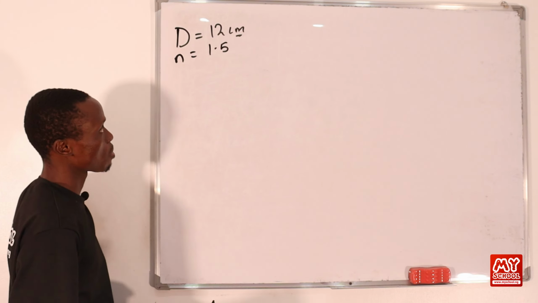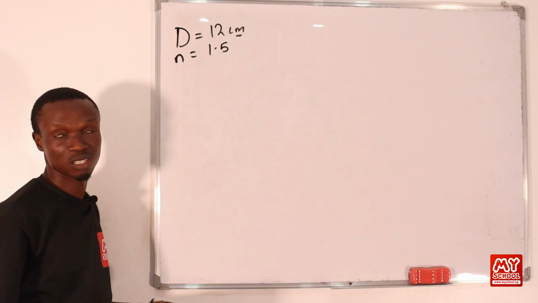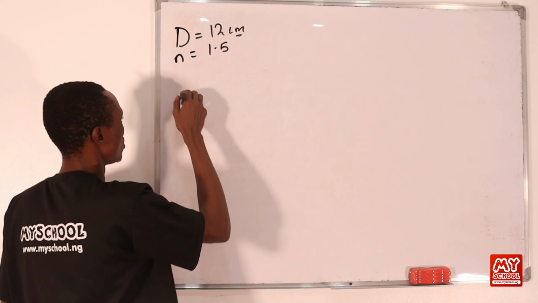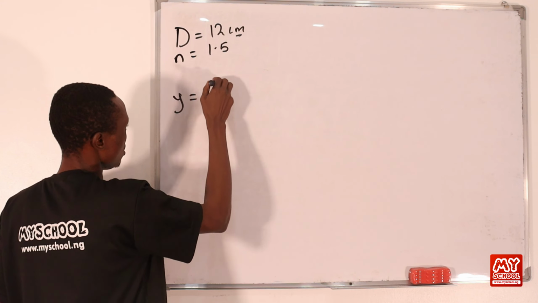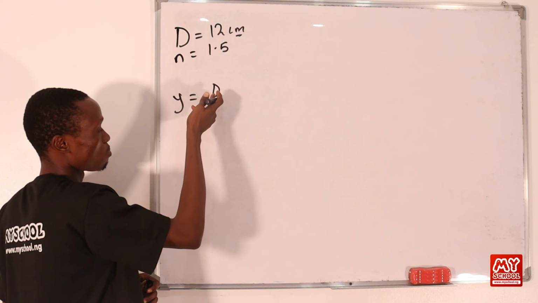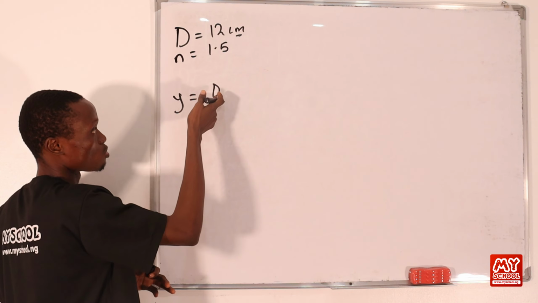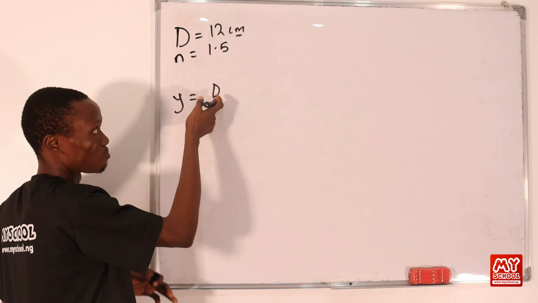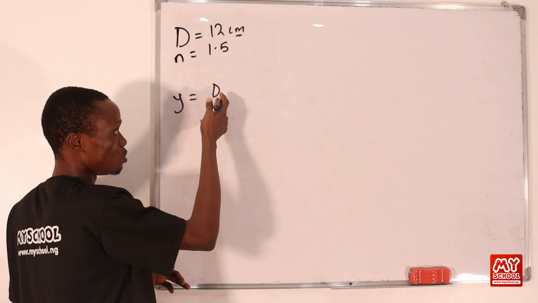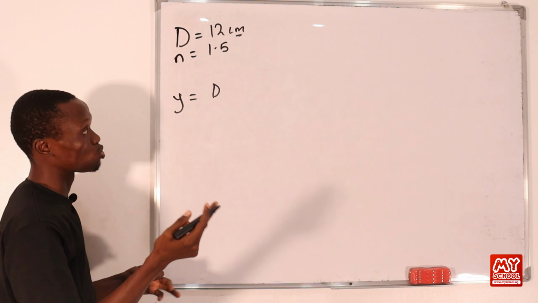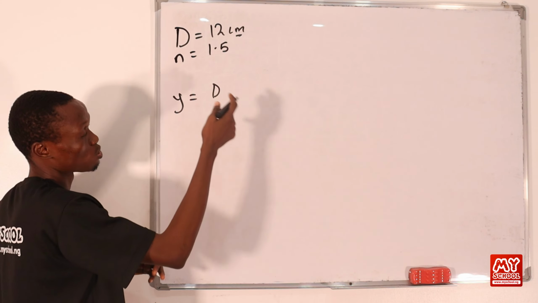Now remember we just derived the formula for calculating apparent displacement, which is y is equal to D. In some cases, some authors prefer to use r in place of D, but it doesn't matter. Whichever one you use, just make sure that you know what the letter you use represents.